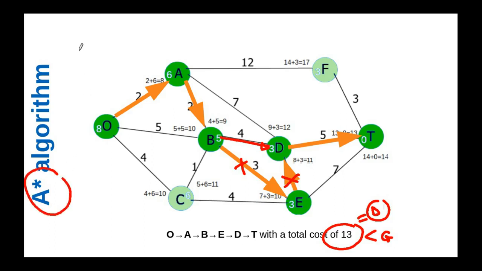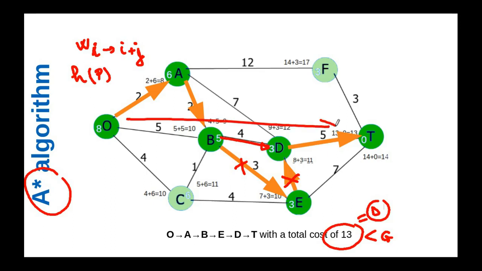Why? Because it uses not only the weights of going from one node to another node, but also it uses the heuristics of some node. These heuristics helps us to go in the direction that is close to the solution, to the target.